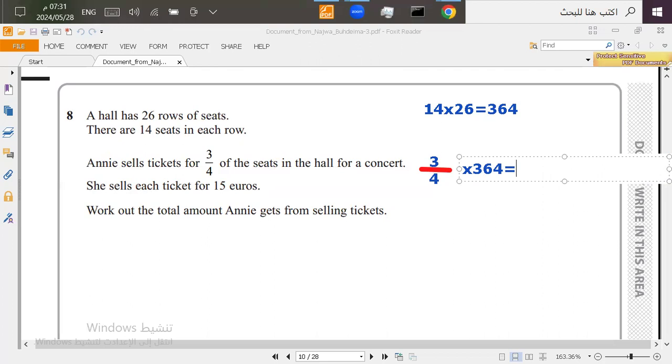When you multiply, focus on how to use the calculator. The answer is 273. So basically, 273 seats were sold.